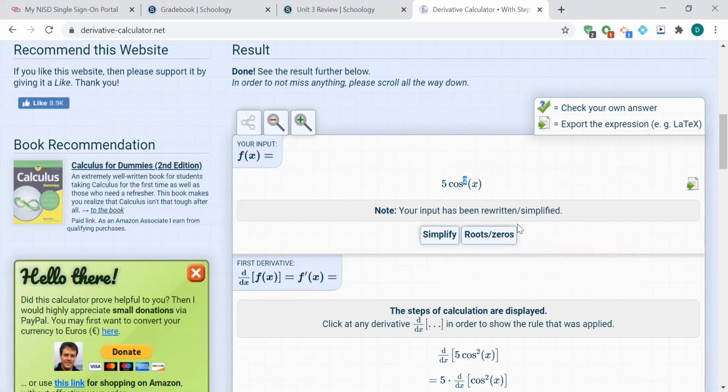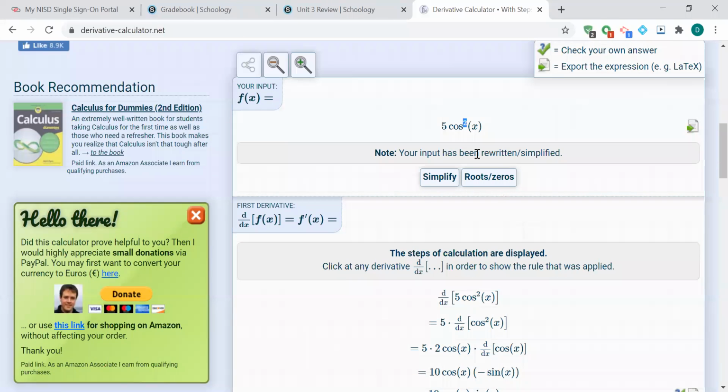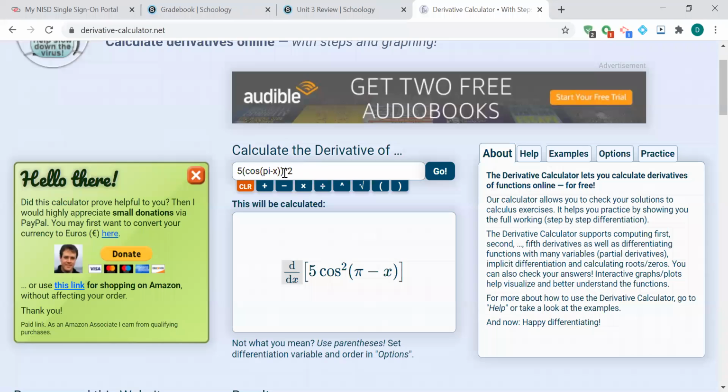So my input has been rewritten and simplified. That's all I did. And I think it's been rewritten and simplified because I could actually take this out and do cosine of pi minus x. They actually used a trig identity. Remember that cosine of A minus B, where does that actually expand to?